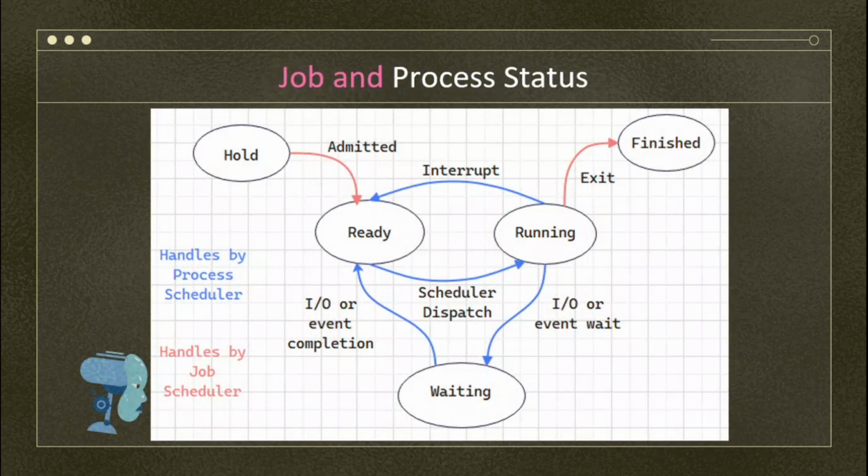Another thing: when a process is in the running state, it can require some input-output operation or some other event. The CPU cannot wait till that time, so the CPU stops the execution and the process goes to the waiting or blocked state.